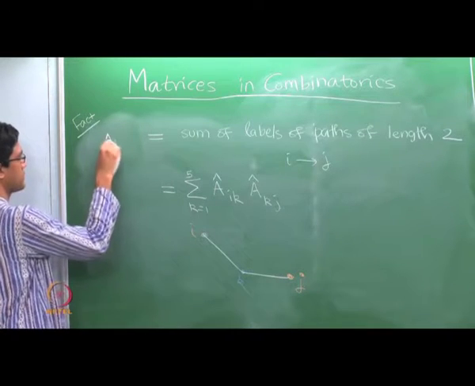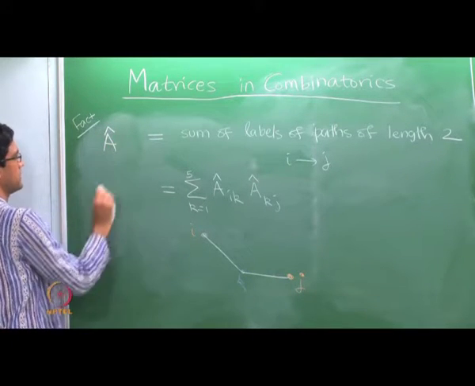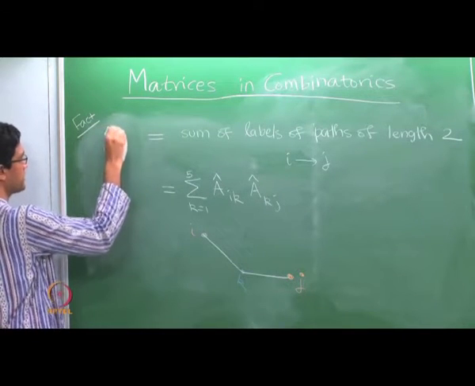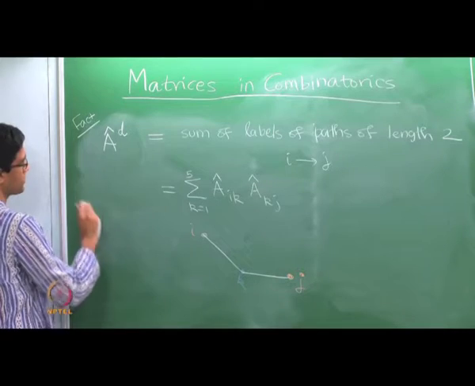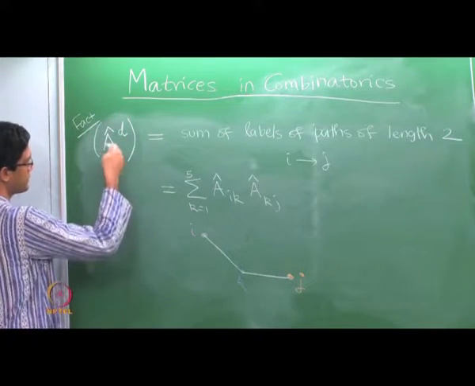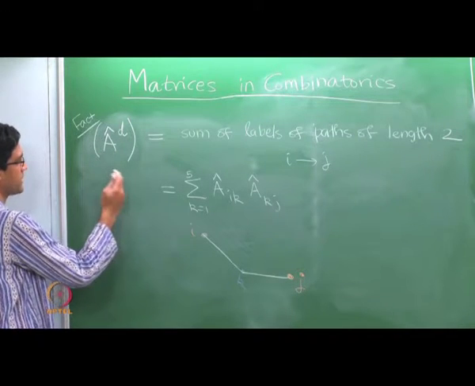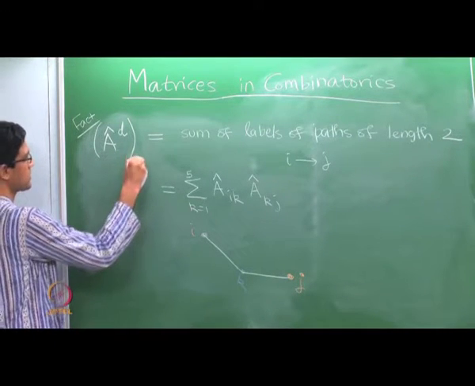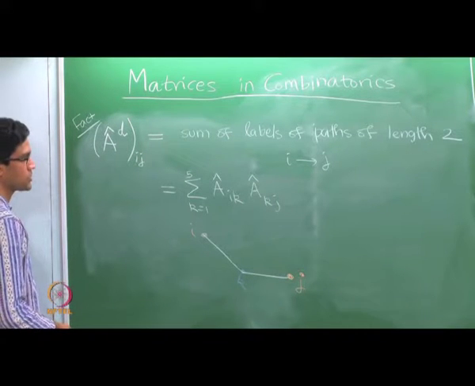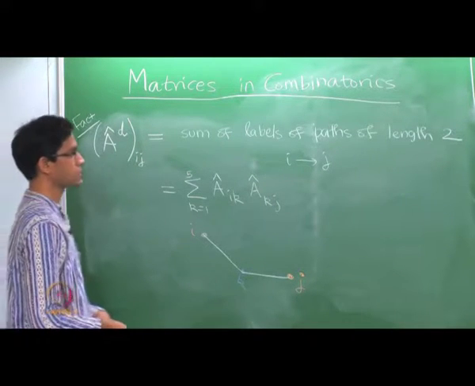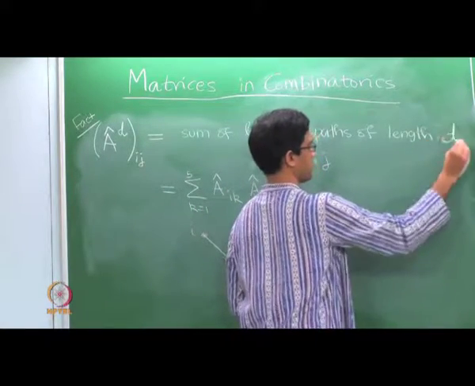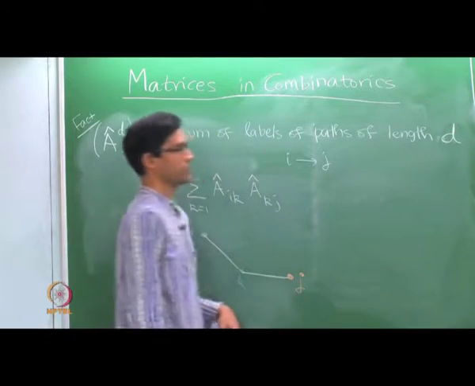If I take the labeled adjacency matrix A hat and I multiply it with itself d times, not necessarily 2 times, but any number of times, d times, and this is just A hat multiplied with A hat multiplied with A hat, d times, and I try to find the ijth entry of this matrix, what I'll get is the sum of labels of all paths of length d which connect i and j. Okay.